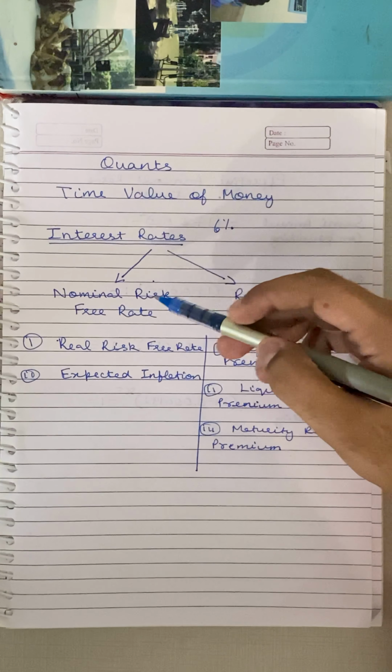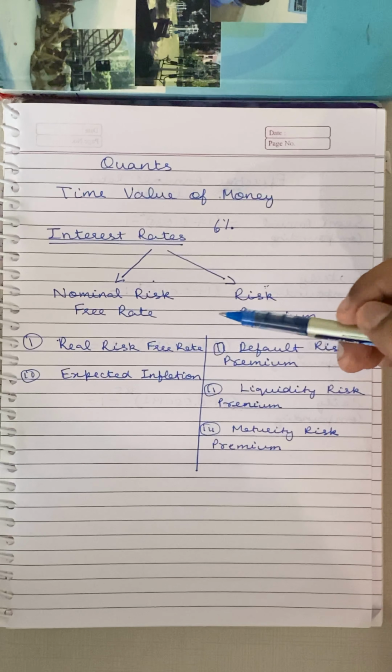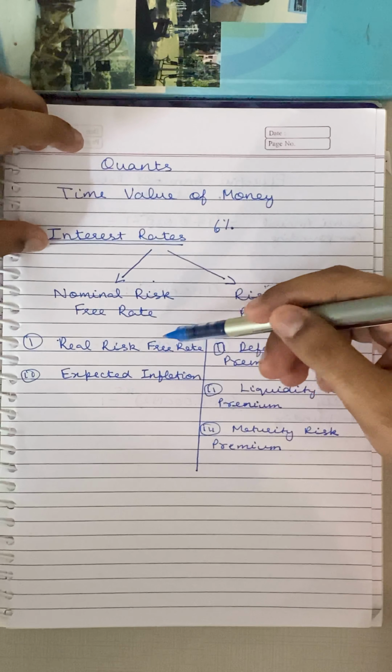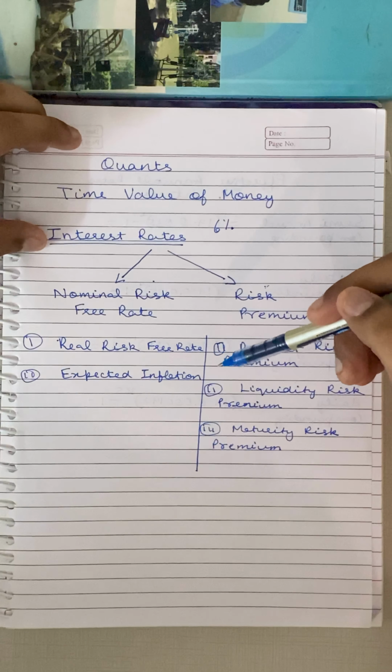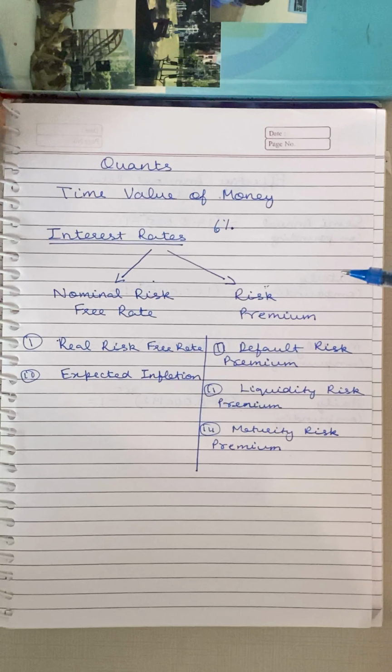So what does the nominal risk-free rate include? First thing is the risk-free rate. The risk-free rate is basically decided by the interest rate provided by the government of India, you might say, and maybe government securities. They are basically the best determining factors of the risk-free rate. And maybe you can look at LIBOR as well, the London interbank interest rate.